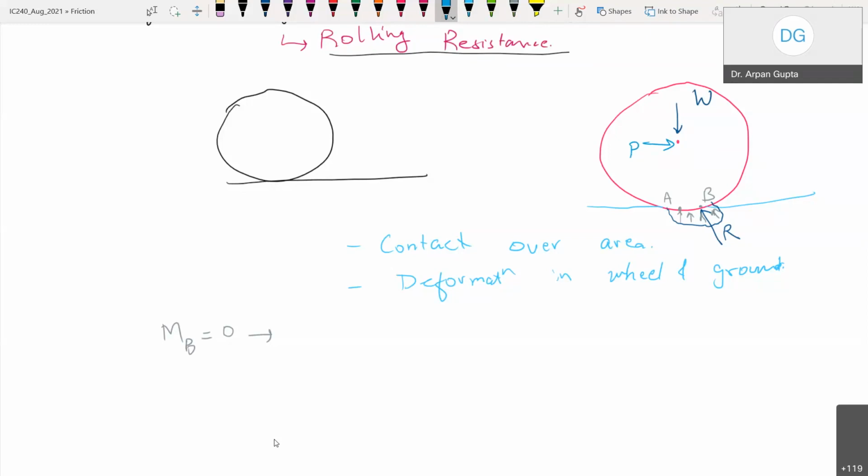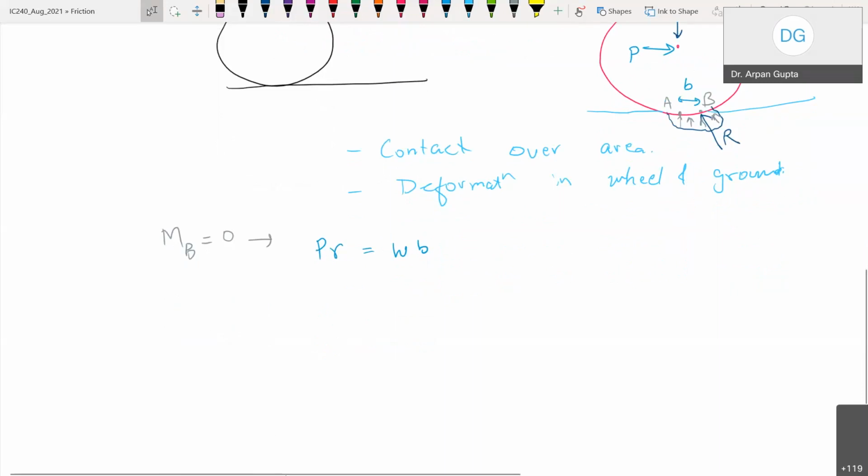And now I can say that P times the radius R is equal to W times the small distance b. This distance b is called your coefficient of rolling resistance.